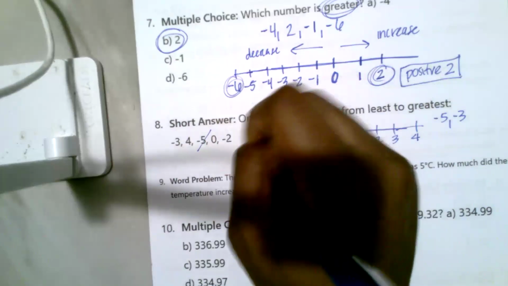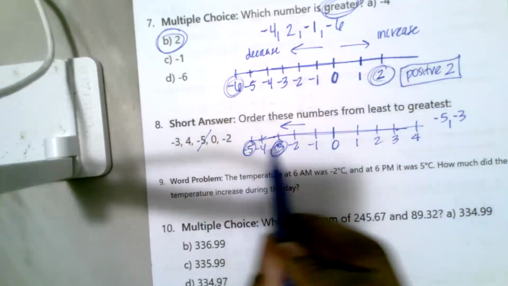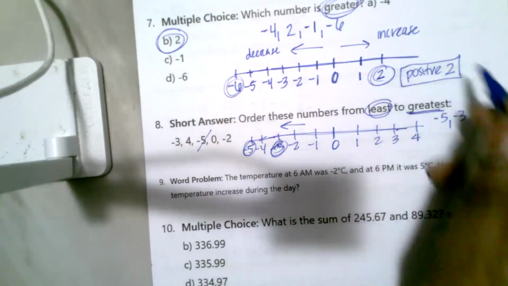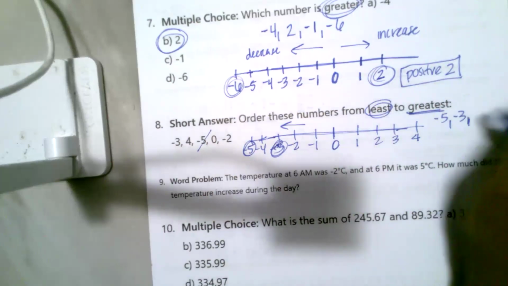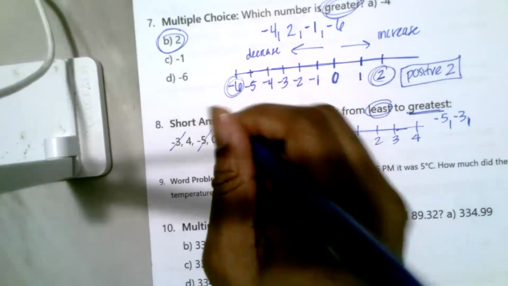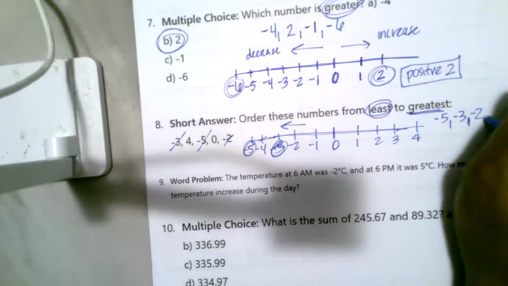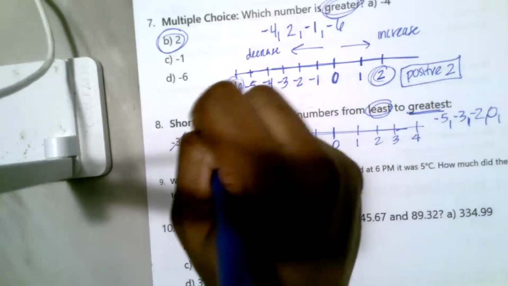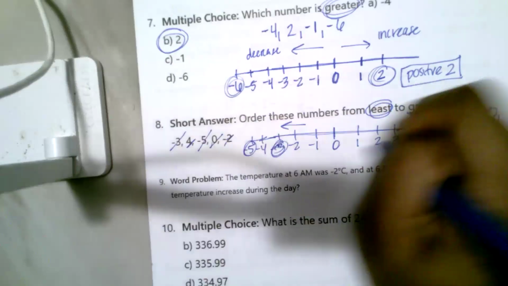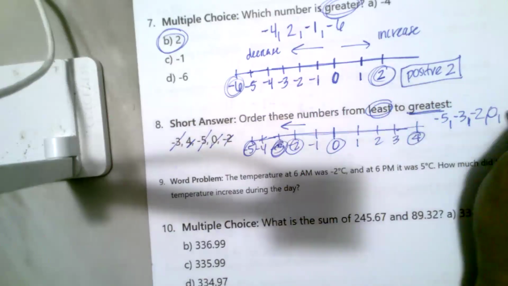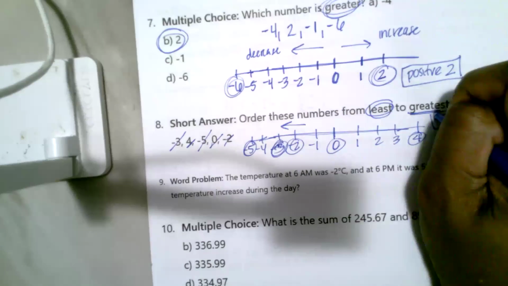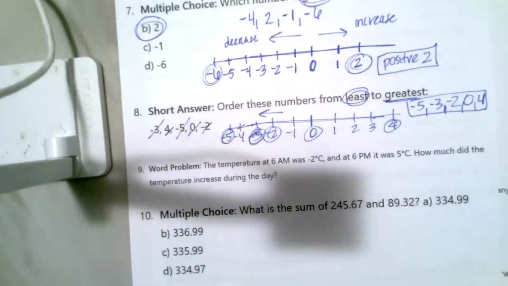See that? Negative 5, negative 3. As I go to the right, the numbers are getting bigger. And because we're going from least to greatest, we go from smallest to biggest. Negative 3, then negative 2, then 0, then positive 4. And that is the numbers ordered from least to greatest.